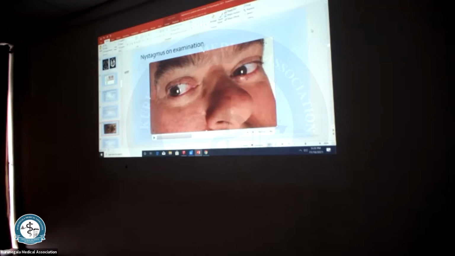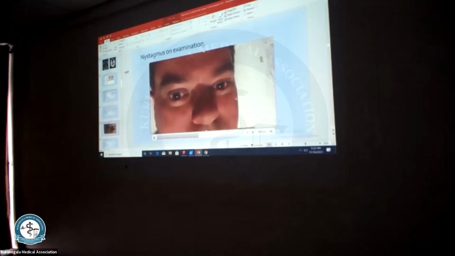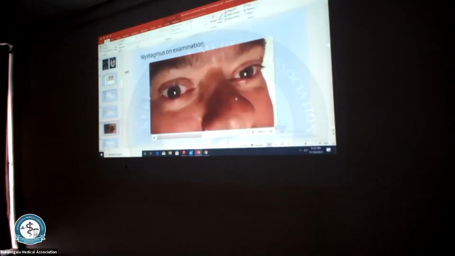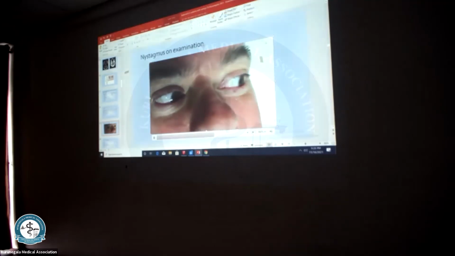So we see in this patient, at resting position also he has a nystagmus.